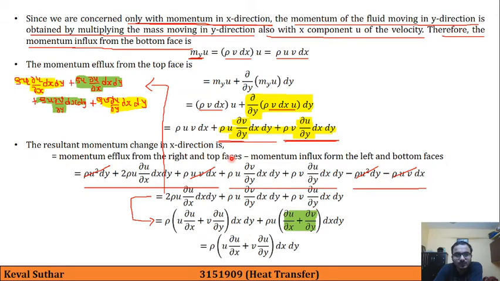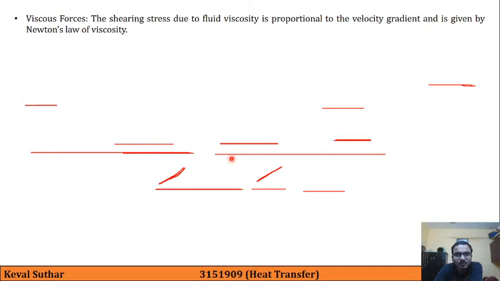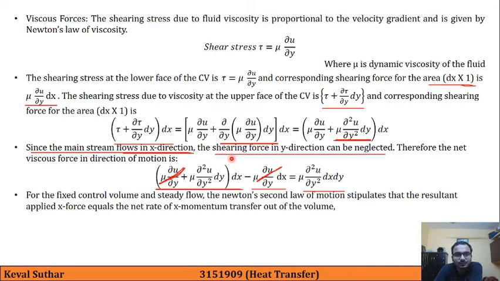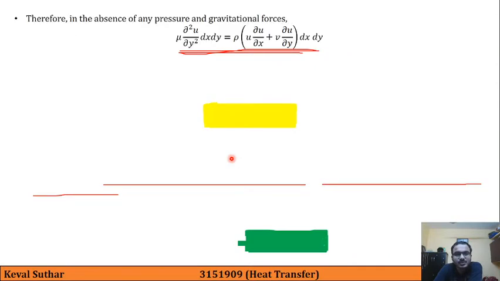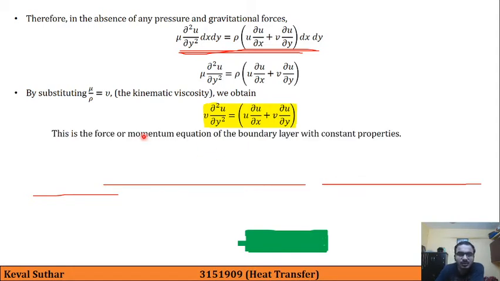With further simplification we obtained this formula, and then we counted the viscous forces. So the resultant x momentum transfer is given by that formula. This yellow highlighted portion is the force or momentum equation of the boundary layer with constant properties.